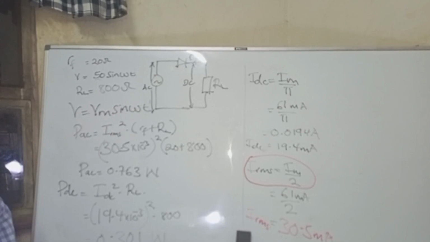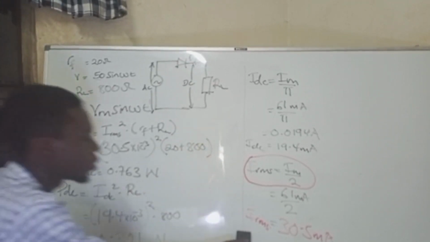Yes. So the next question they wanted us to calculate is the DC output voltage. Now the DC output voltage is simply the average voltage appearing across that point. So the DC output voltage can be given by IDC times RDC, because V equals IR.